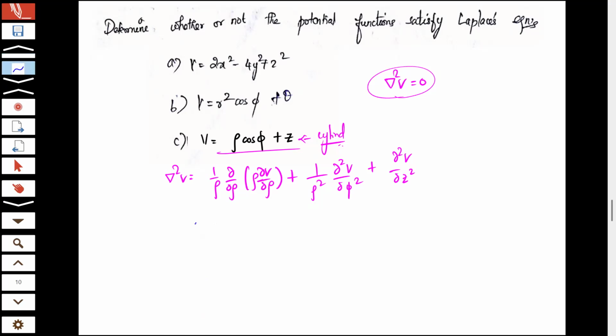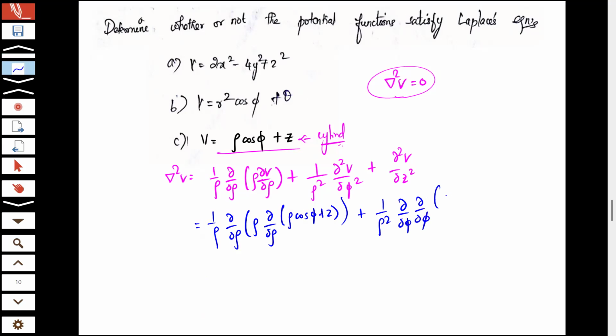So let us write 1 by rho dou by dou rho of rho into dou by dou rho of rho cos phi plus Z. Then the second term is 1 by rho square dou by dou phi of dou by dou phi, second order differentiation, of rho cos phi plus Z. Then dou by dou Z of dou by dou Z of rho cos phi plus Z. First differentiation with respect to rho will become cos phi.